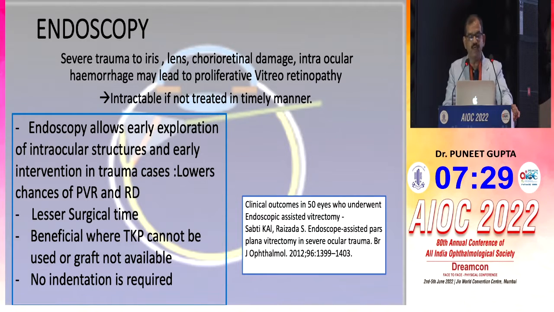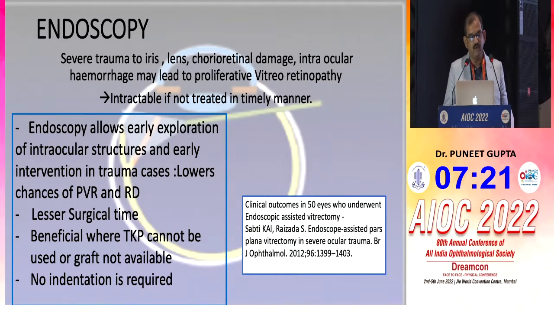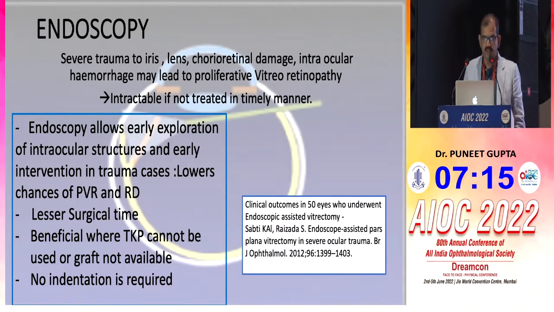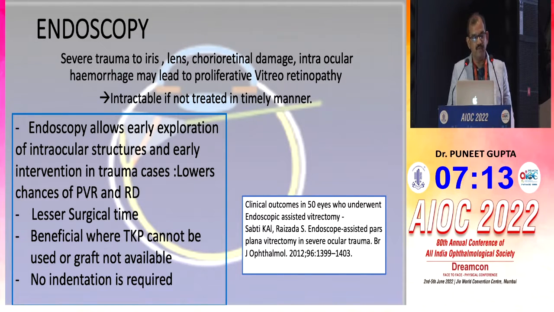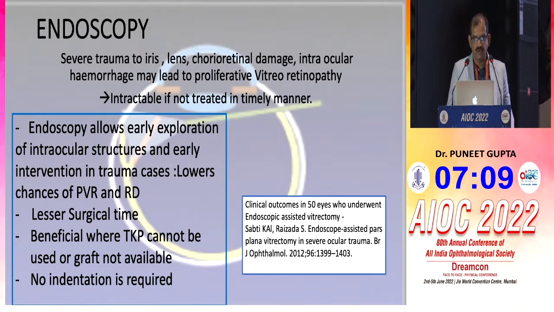Endoscopy allows early exploration of the intraocular structures and early intervention in trauma cases, and thereby lowers the chances of PVR and retinal detachment. There is lesser surgical time. It is beneficial where TKP, temporary keratoprosthesis, cannot be used and the graft is not available.